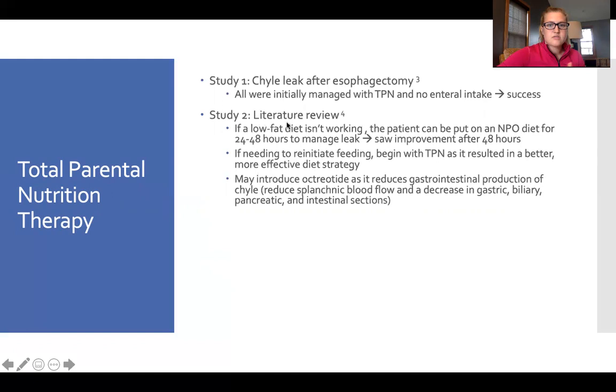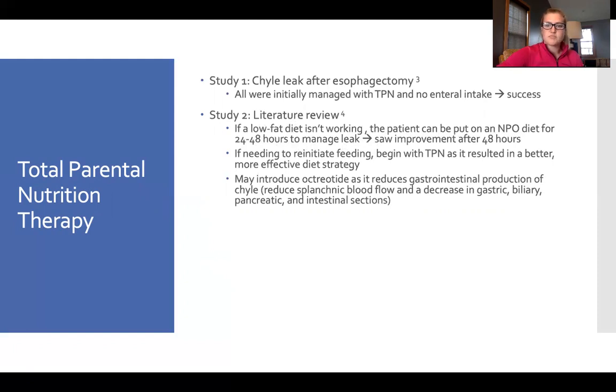Study 2 was just a literature review. They saw that if a low-fat diet isn't working, the patient can be put on NPO for 24 to 48 hours to manage the leak. And so, like we have said before, if they're not having fat coming in through their system, the chyle leak output may be reduced.